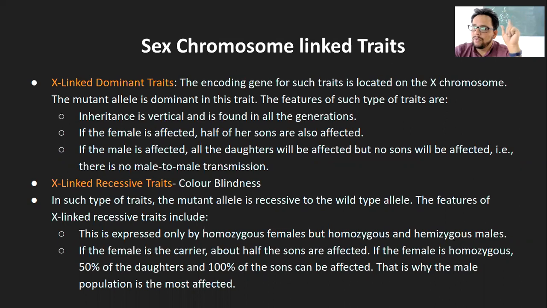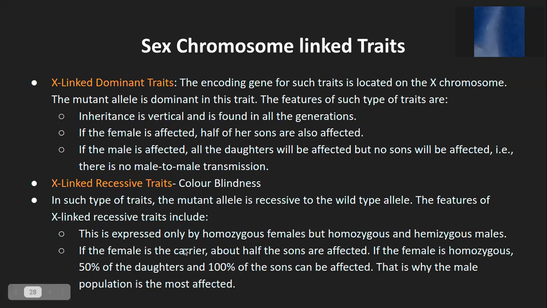But in males, we have only one X and one Y. So if they are not the same in terms of the basic chromosome itself, how can we call it homozygous or heterozygous? That's when we call them hemizygous. That is, only half of the X chromosome is present compared to the female chromosomal structure. So that is why we call it hemizygous. I hope Janvi, you heard this. So that is the hemizygous.